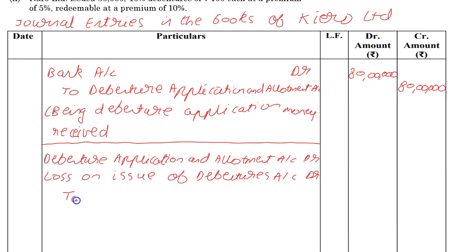We credit 9% debentures. Why? Because we credit what goes out.